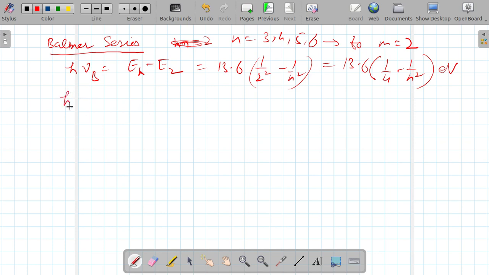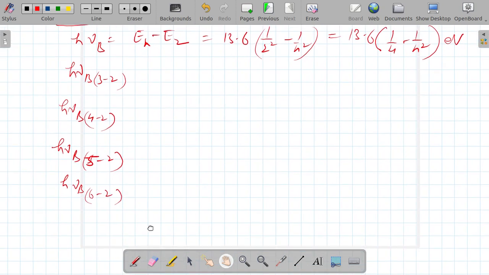So that means h nu b 32, h nu b 42, h nu b 52, h nu b 62, and h nu b 72. Up to 62 I think is sufficient.